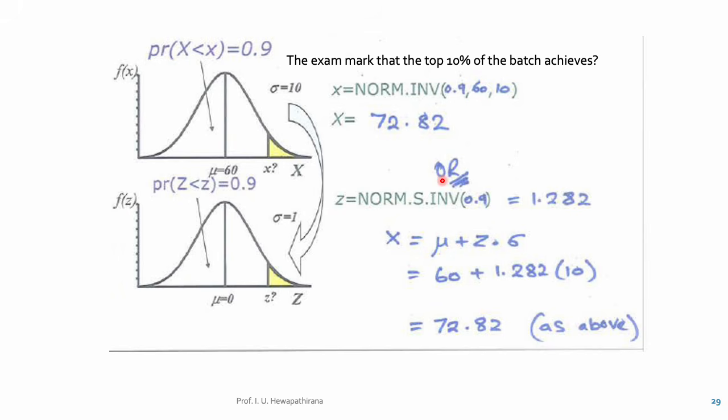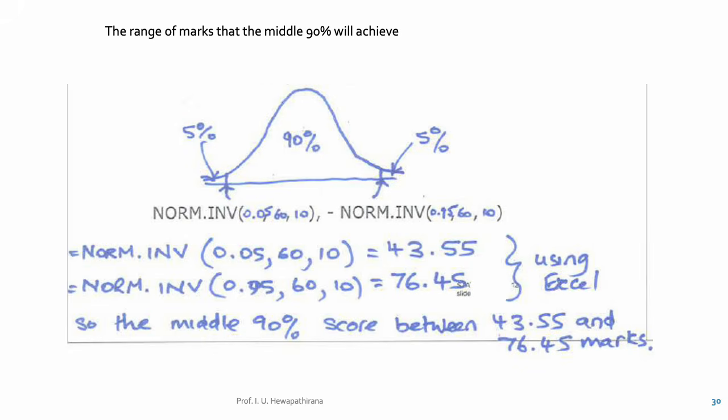Or you can also use the norm.s.inv function and enter the probability 0.9 and you will get 1.282. Then you convert it into capital X and also there you get the same answer. The next question asks for the range of marks that the middle 90% will achieve.